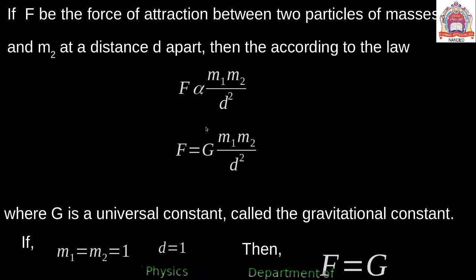This proportionality constant is referred to as G, and this capital G is a universal constant called the gravitational constant. So we can write F is equal to G m1 m2 divided by d square. If m1 is equal to m2 is equal to 1 and d is equal to 1, then we can write F is equal to G.